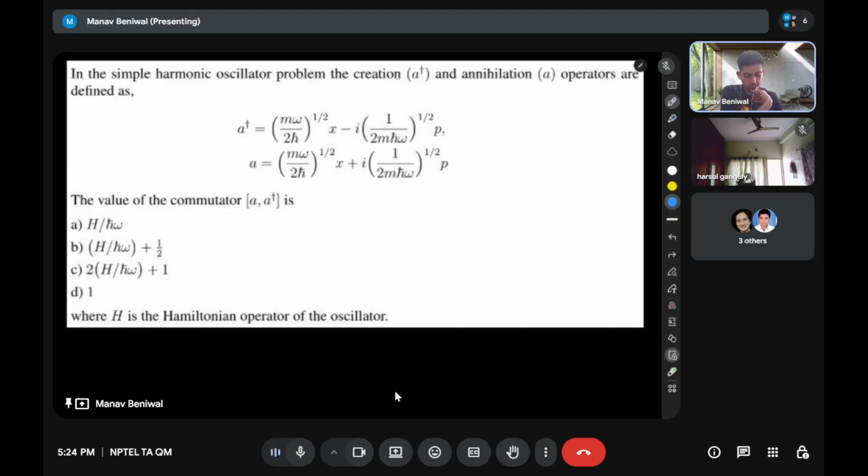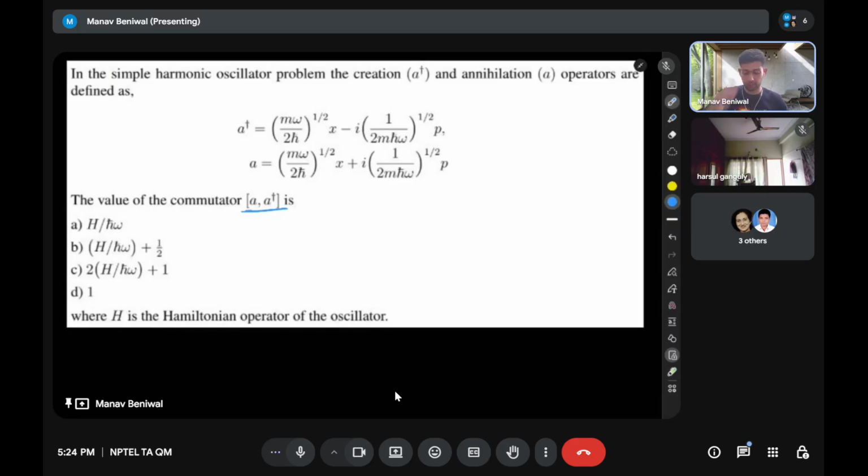Now they are asking what is the value of the commutator of a and a dagger. This is a very standard commutator, so mostly everybody knows it, but we can also solve this explicitly.